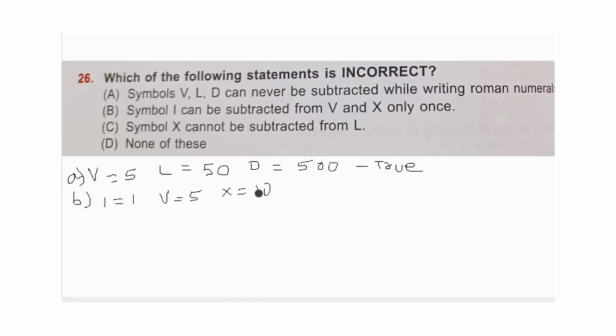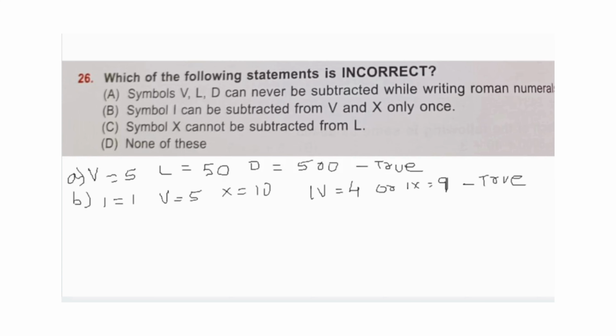Again, the statement is true because if you write 1 and V, which is 4, or 1 and X, which is 9, this can happen only once. So this is true.